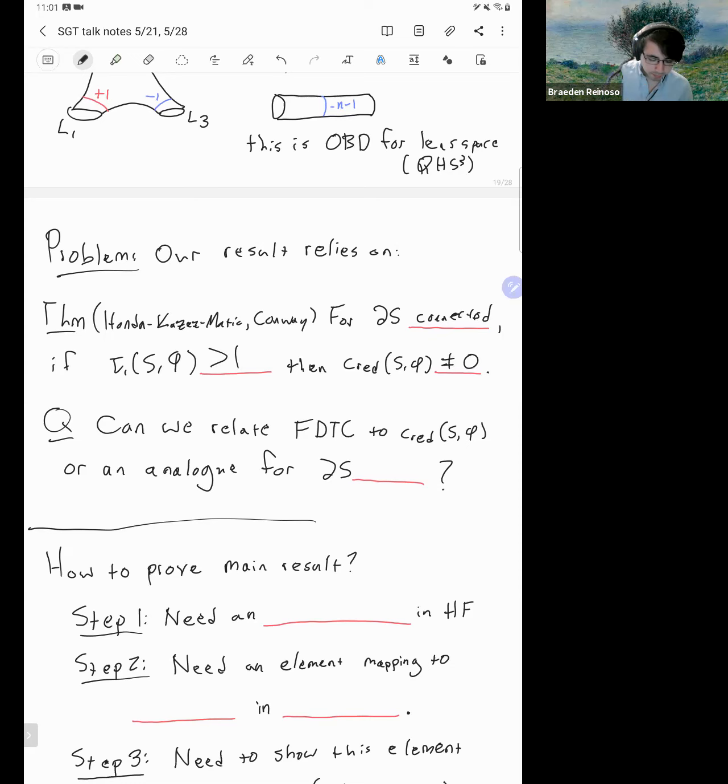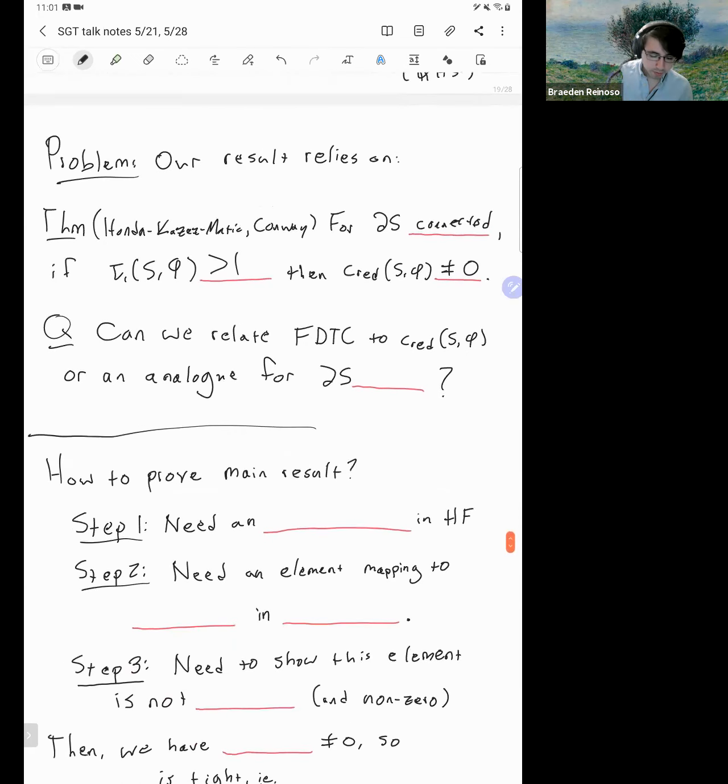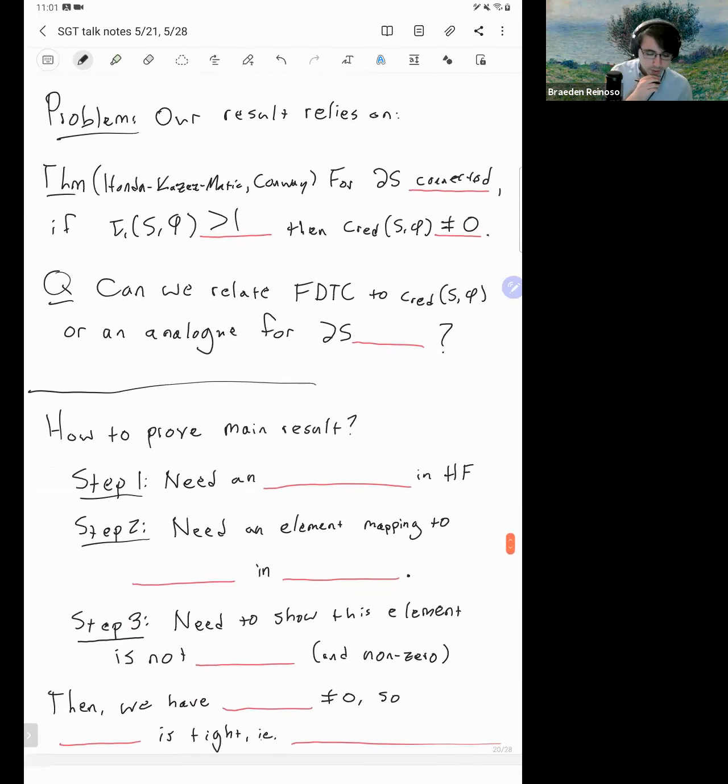And so our theorem just doesn't really tell us much about fractional Dehn twist coefficients of capped off open books with disconnected binding. So the question is, can we relate the fractional Dehn twist coefficient to the reduced Floer, or the reduced contact invariant, or some type of analog of it for the boundary disconnected?